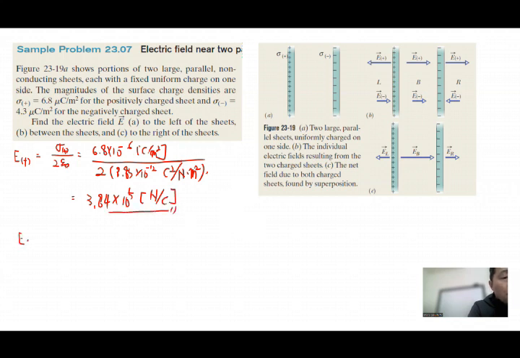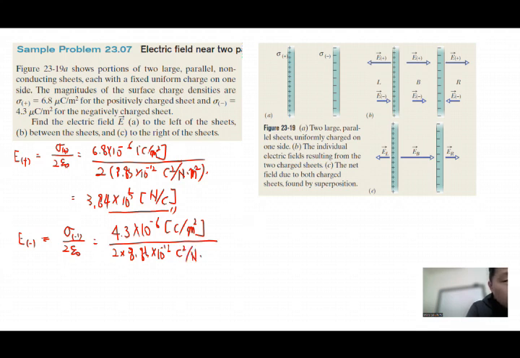And what about the negatively charged plate? It produces this amount of electric field based on the same Gauss law, which is the charge density on the surface of that plate divided by 2 epsilon. We plug in that charge density, which is 4.3 times 10 to the minus 6 coulomb per square meter, divided by 2 times 8.85 times 10 to the minus 12 square coulomb per Newton per square meter.